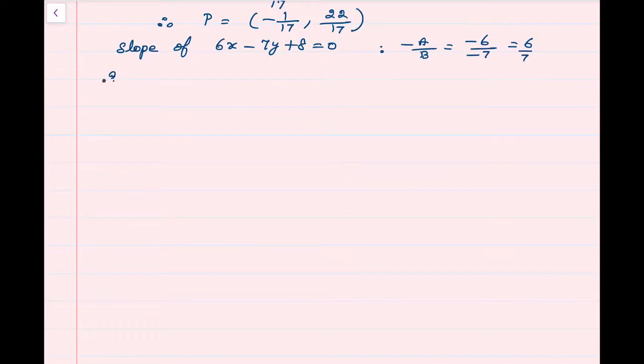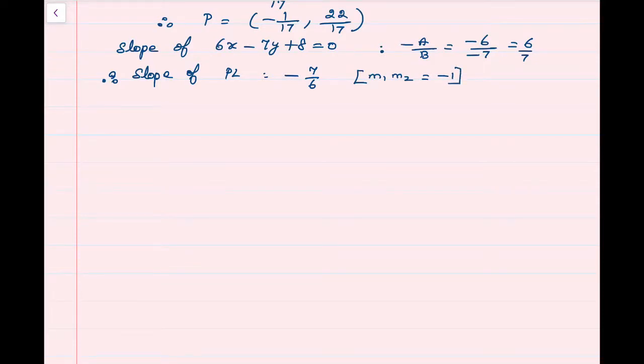PL is a perpendicular line, therefore the slope of PL is the negative of its reciprocal, using the formula m1 into m2 is minus 1.